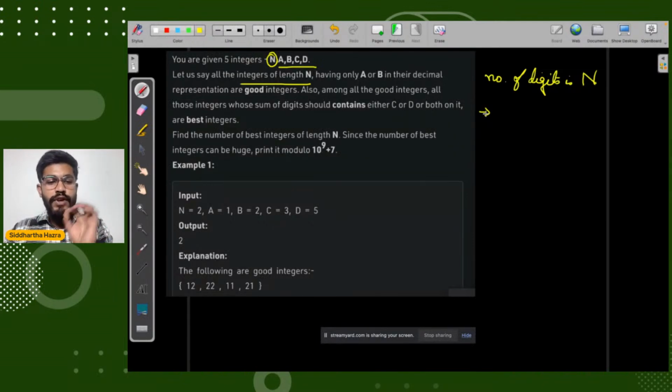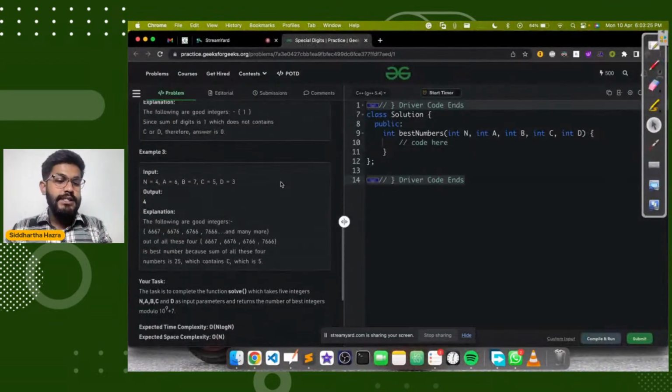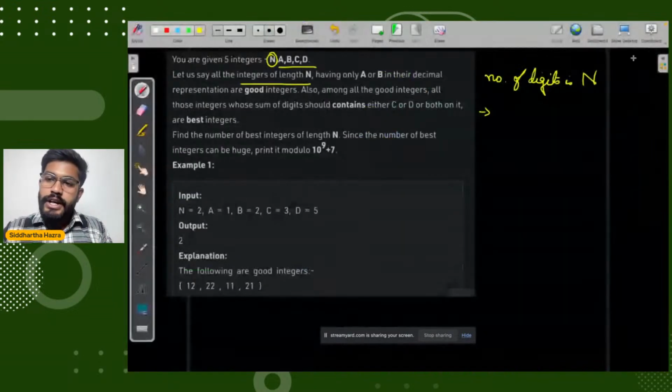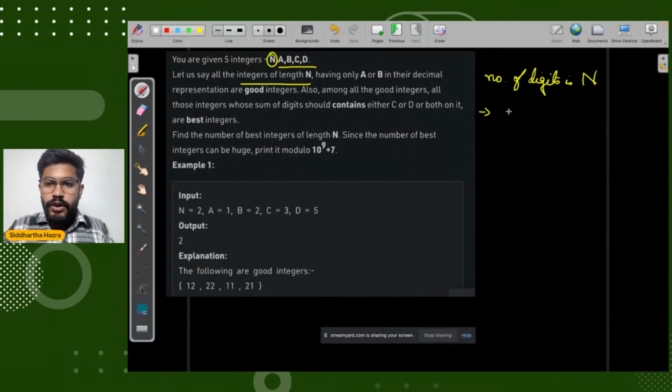So a is from 1 till 9, b is also from 1 till 9. So it should consist of only a or b. Please remember this. That is why I'm writing this in bold.